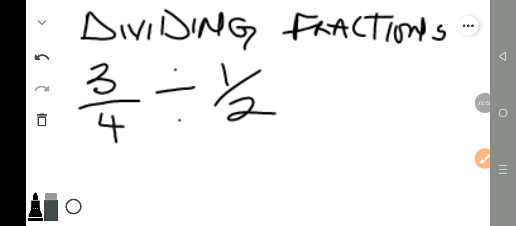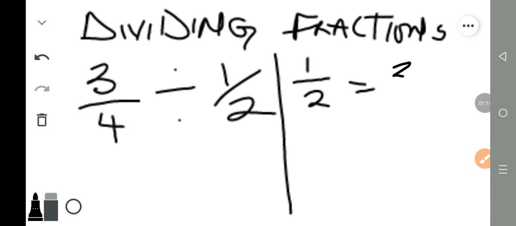Now, here is the key concept you must understand. There's something called the reciprocal, and what you mean by reciprocal is that flipping part. What is the reciprocal of 1 over 2? It is just the flipping of this number, which is 2 over 1. Do you understand? It's just flipping.